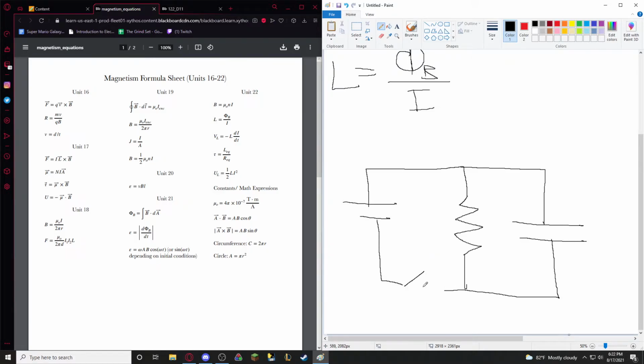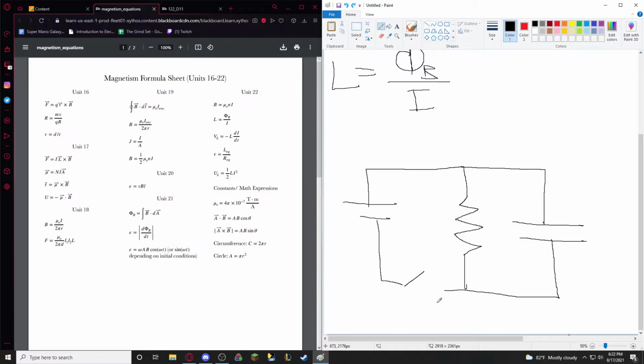The switch is open for a long time, and then we close it. What happens with the capacitor? It's a wire, and what happens over time? It gains charge, and then after a very long time, it becomes an open circuit.